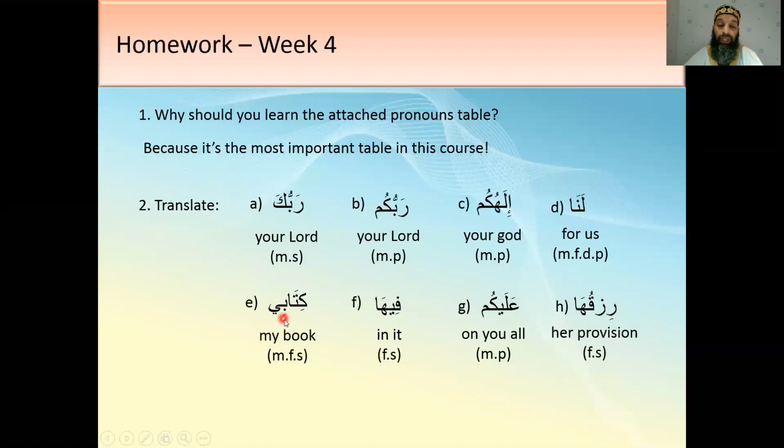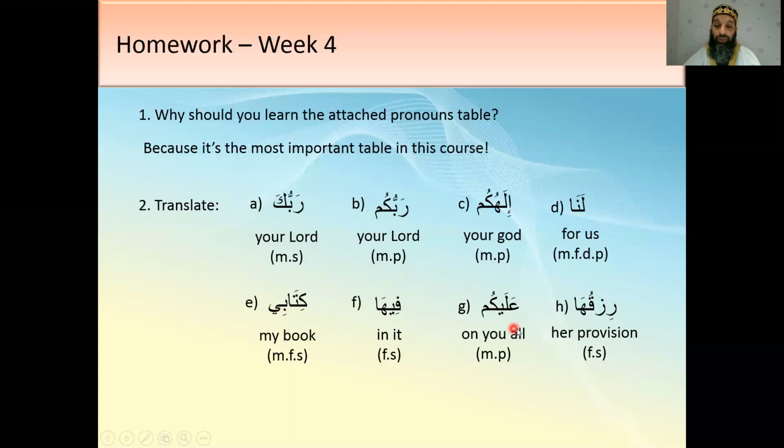E, the ee ending, or ni, means my. So kitabi means my book, masculine or feminine, whoever it is. Fi means in, ha means it or her, depending on what you're talking about. So fiha, in it, or in her.